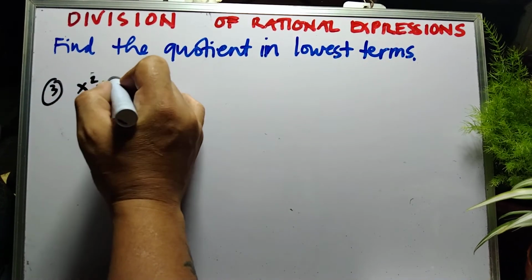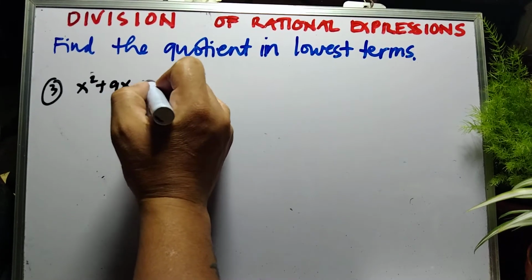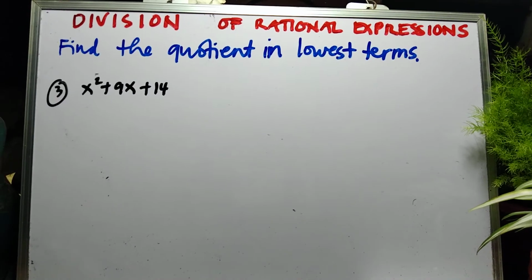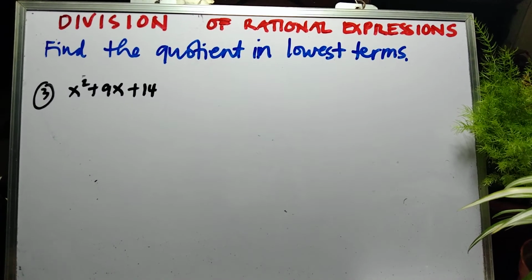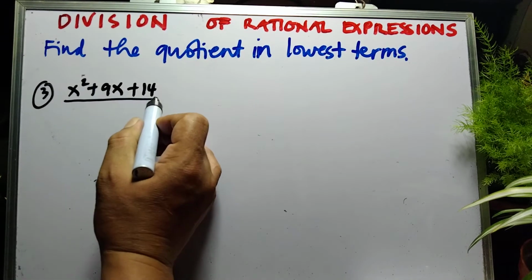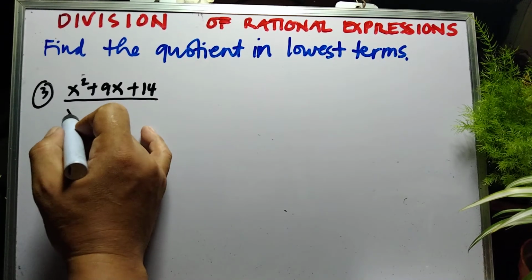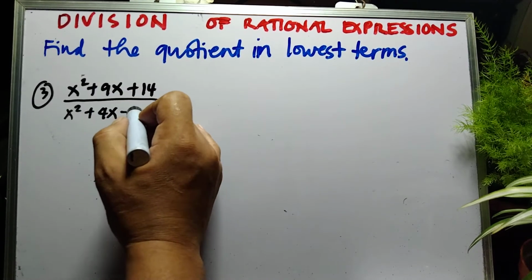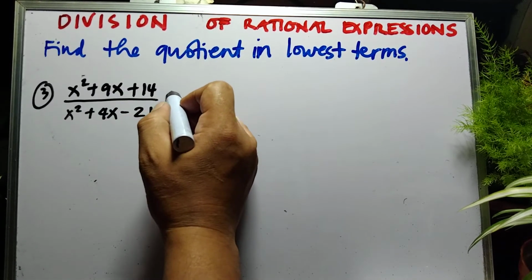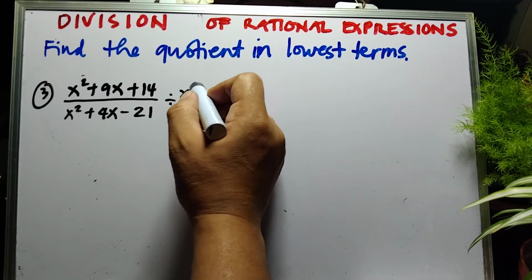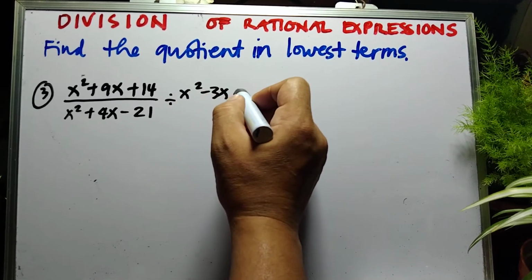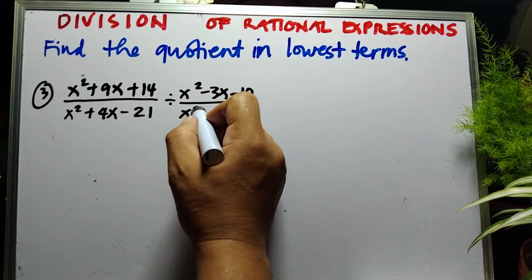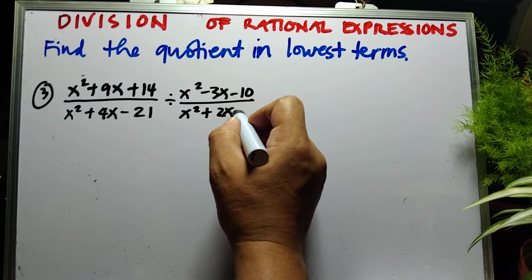x squared plus 9x plus 14 all over x squared plus 4x minus 21 divided by x squared minus 3x minus 10 all over x squared plus 2x minus 35.